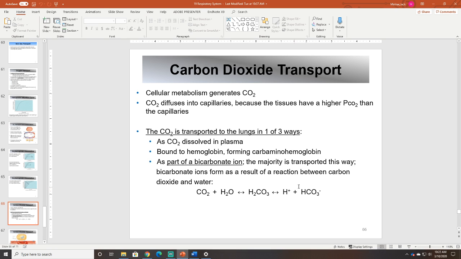If you add a hydrogen back to bicarbonate, it becomes carbonic acid. Carbonic acid can also revert back to carbon dioxide and water. So these reactions are going forward and backward at roughly the same rate. We do have an enzyme in the red blood cells called carbonic anhydrase, which tries to speed up the conversion of CO2 and water into carbonic acid, though.